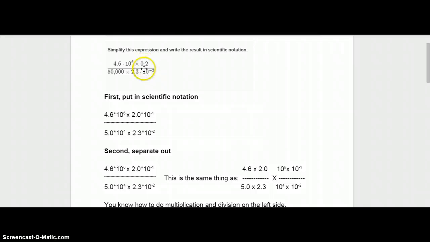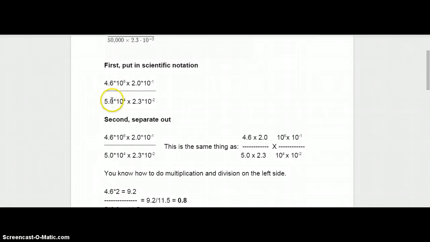For instance, this is to the negative 1. Every time you go the other direction, to the left, you add 1 to the 10. So this one, you go 1, 2, 3, 4, until you have one digit to the left and everything else is to the right. So it's 5 times 10 to the 4th, like this.